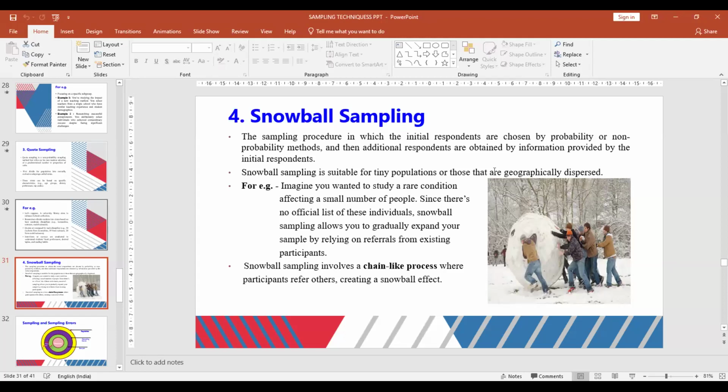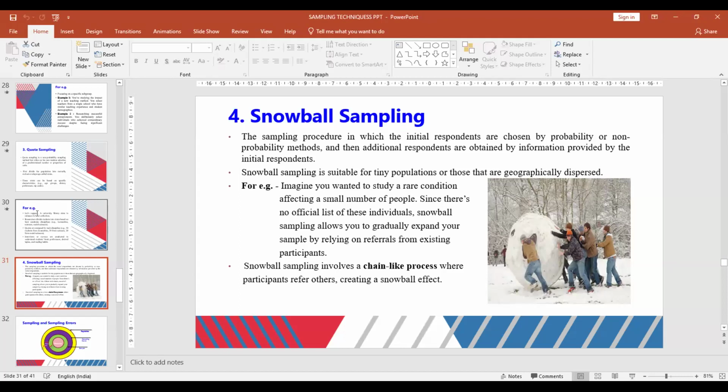So snowball sampling involves a chain-like process. Chain. You know one, another knows two. So this is the chain process where participants refer others, creating a snowball effect. That is called snowball sampling.